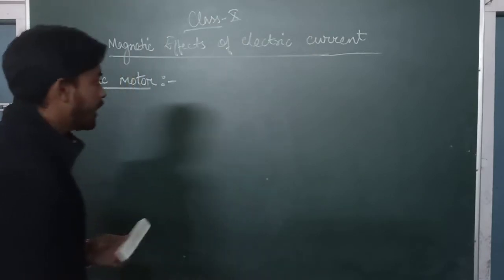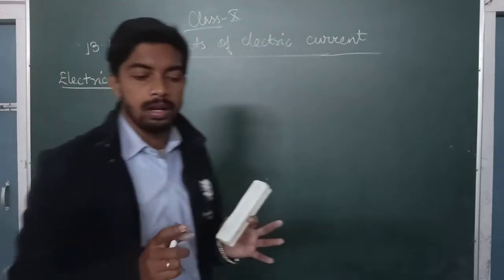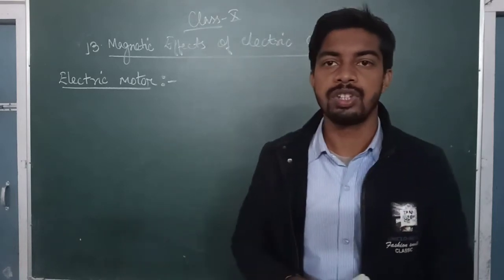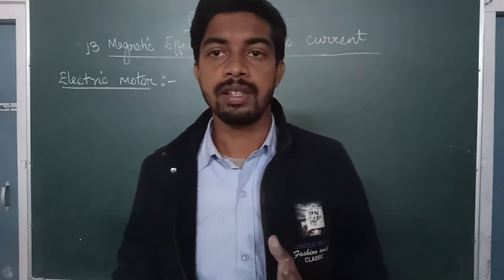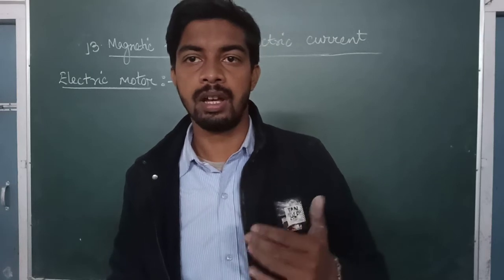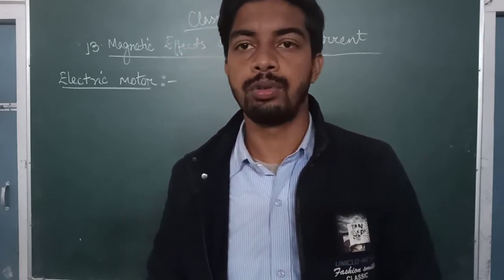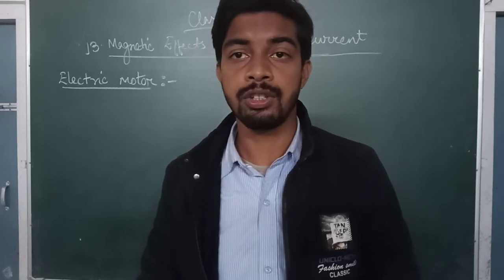First of all, an electric motor has some basic structure in which there is a magnet, a rectangular coil, meaning a rectangular solenoid, and it is connected with all these parts through an axle.